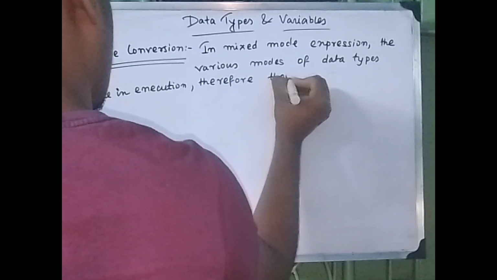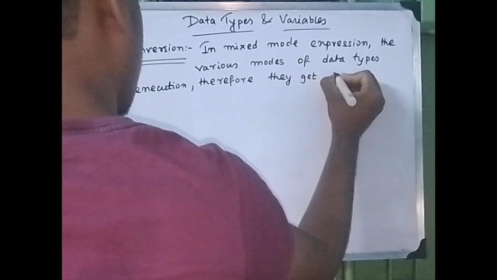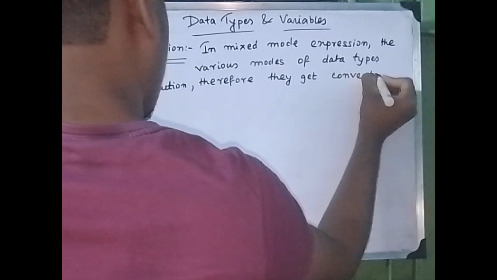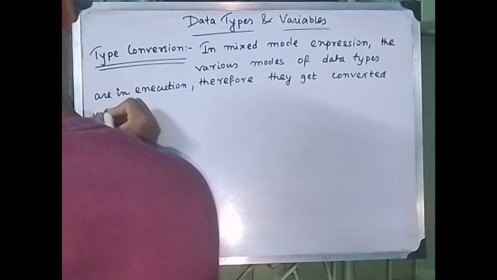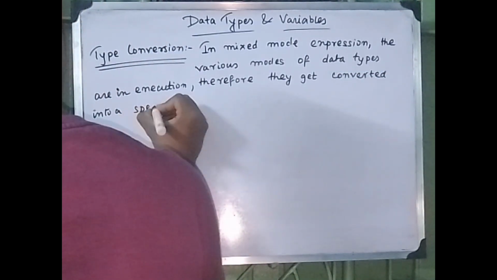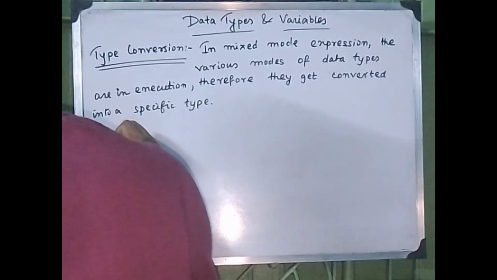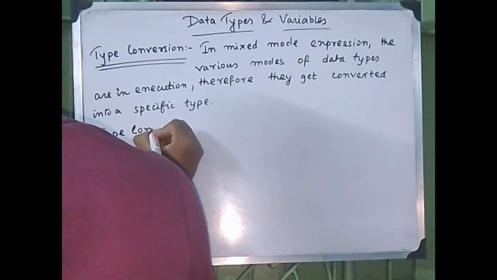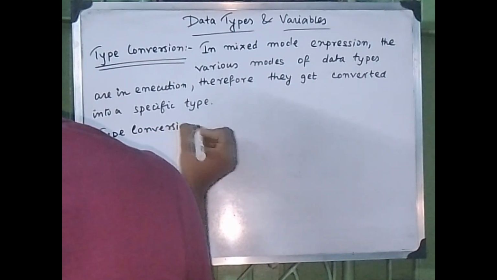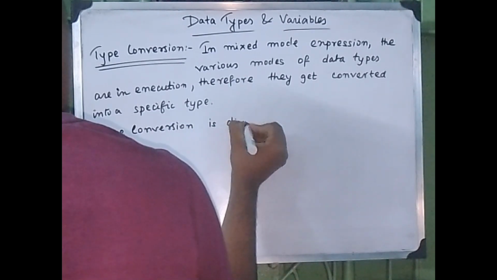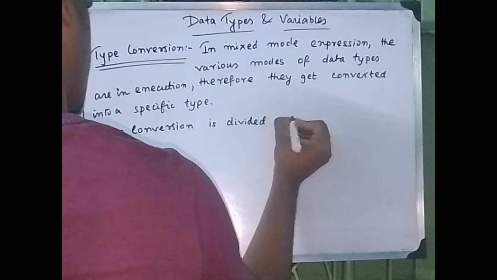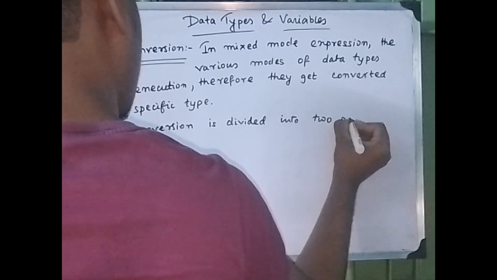Therefore, they get converted into a specific data type. Now, type conversion is divided into two major categories.